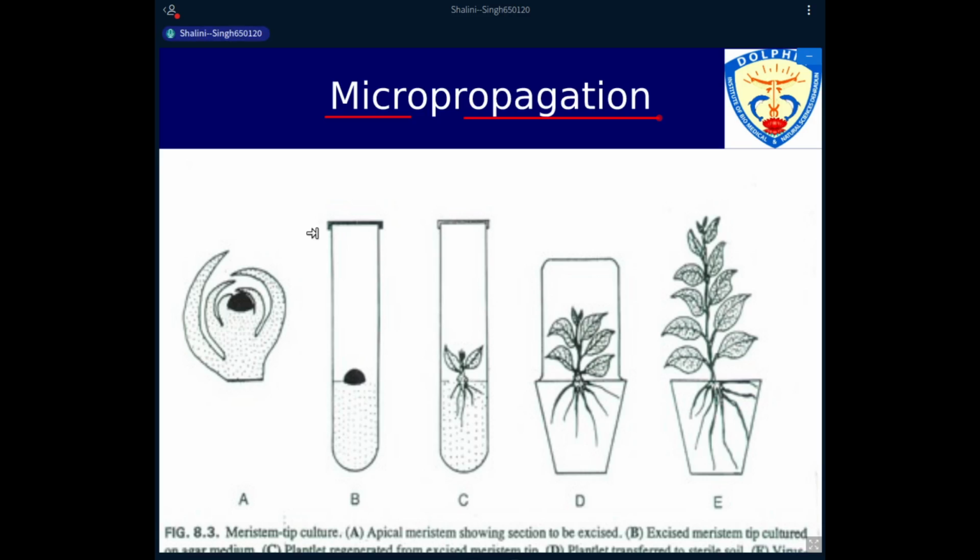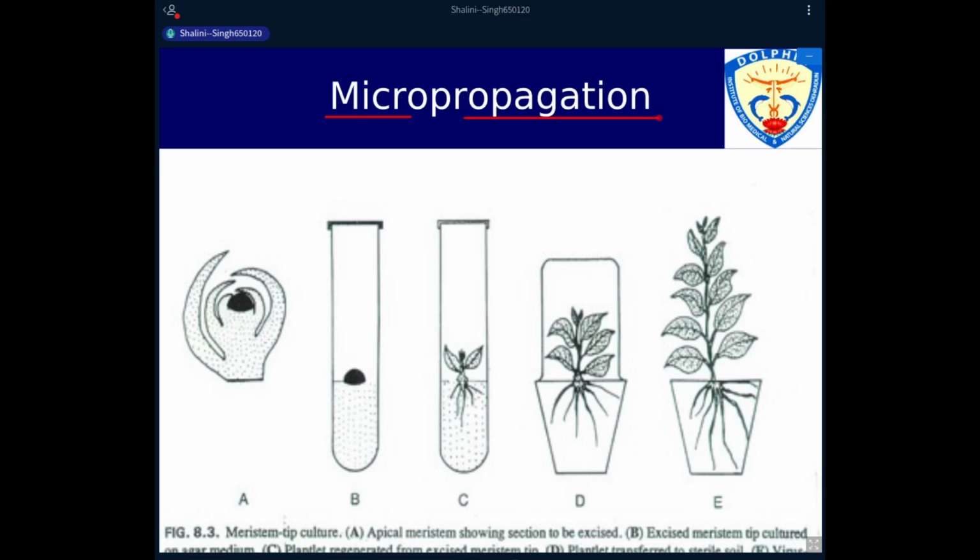If your plant is not producing viable seeds or seeds have other problems, like dormancy, or some inhibitors are present in the seed, then what can you do? You can produce plants by vegetative means. There are different vegetative means like grafting, cutting, air layering.